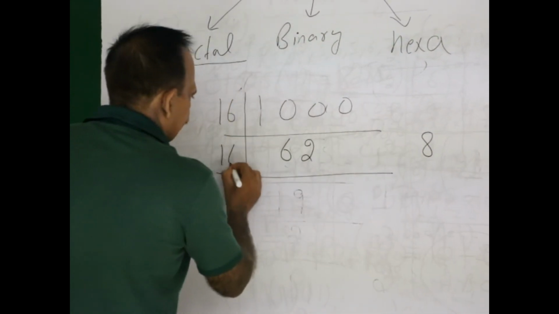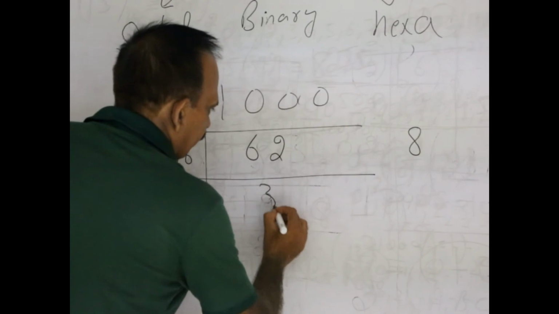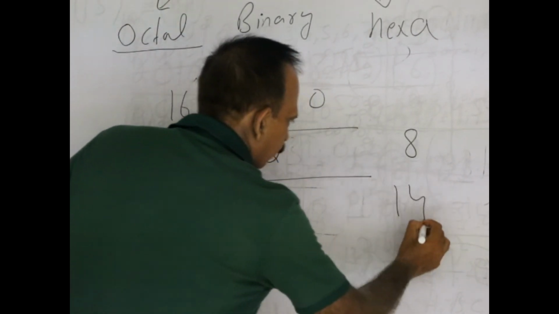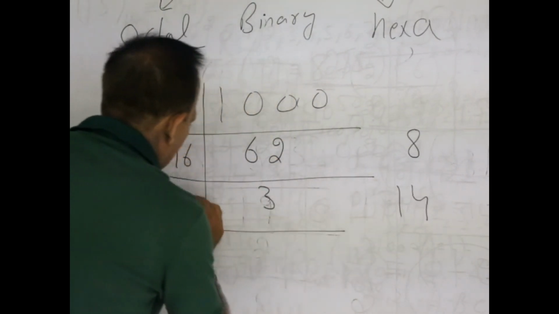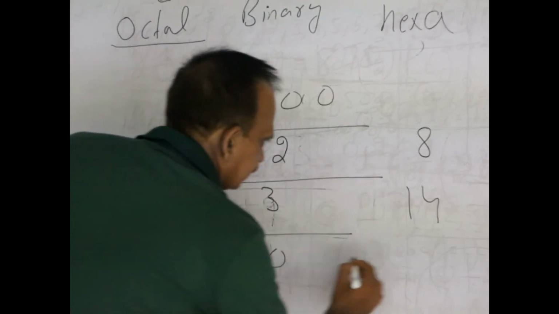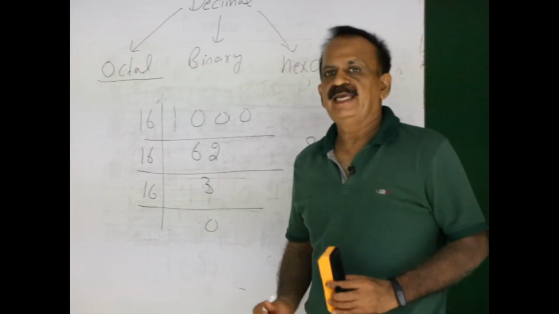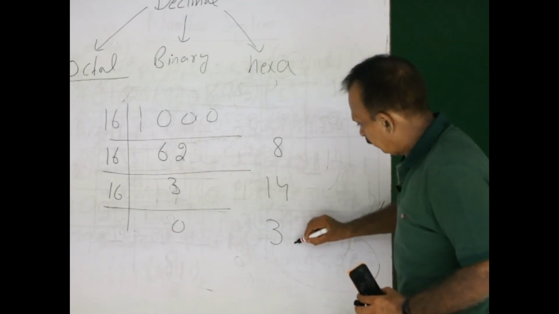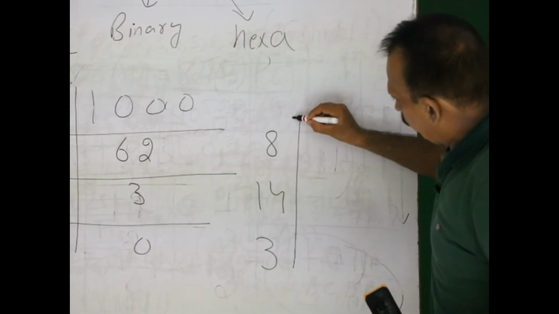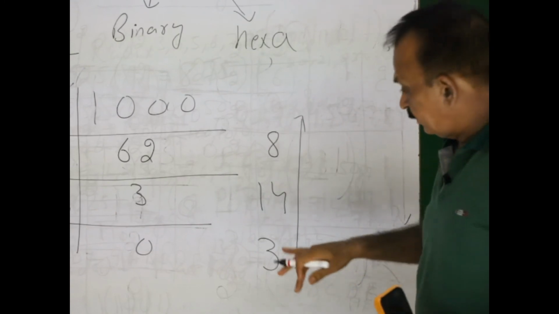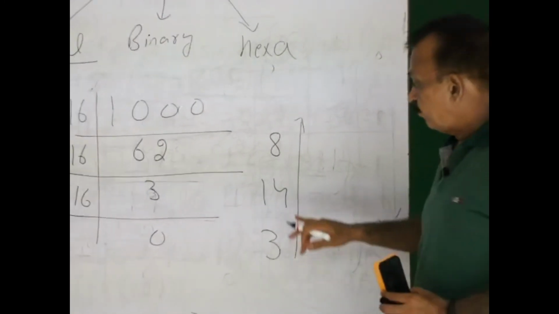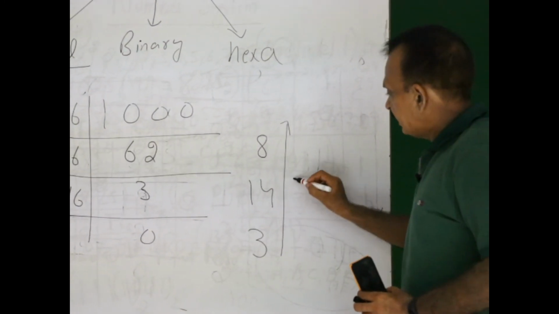Now, if I divide by 16, it will be 3 and the remainder is 14, and if I divide again by 16, this time it is 3. Now, 3, 14 and 8. If I write it from bottom to top, this is going to be 3, but for 14 I will write E.